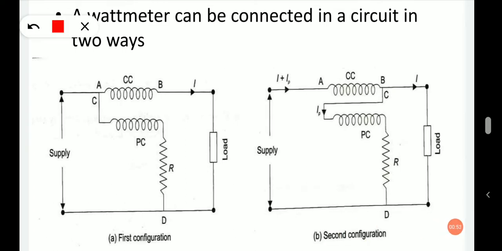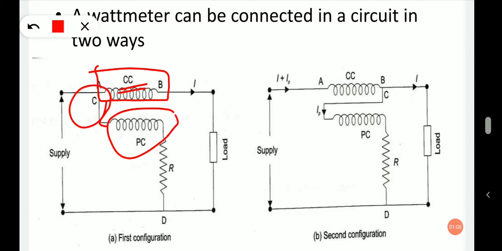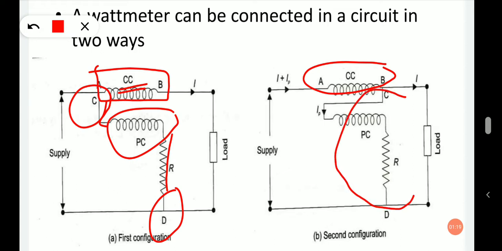Here the current coil, CC, is connected between terminals AB, and PC, that is the pressure coil, is connected between C and D. Same here, between AB the current coil is connected, and between CD the pressure coil is connected.